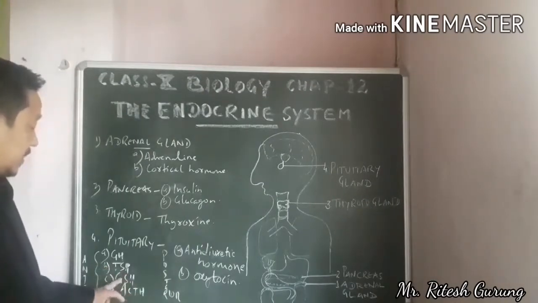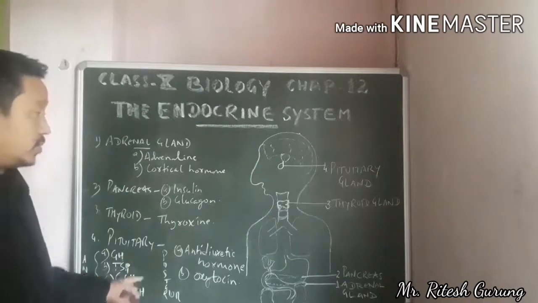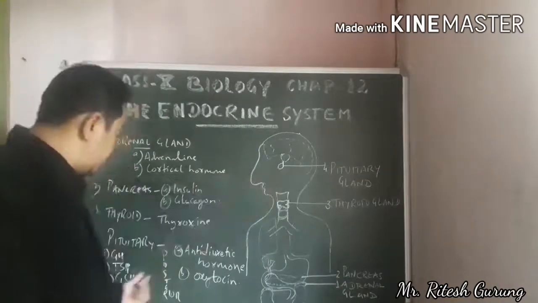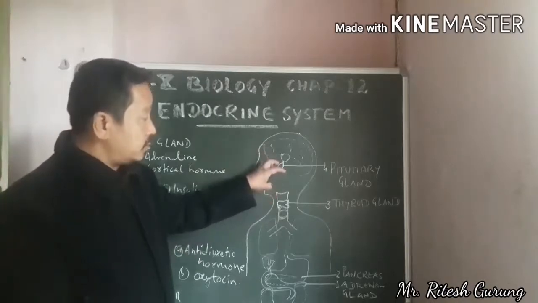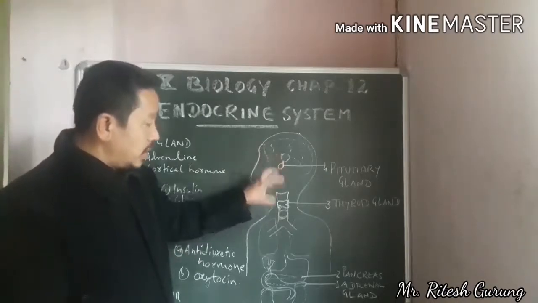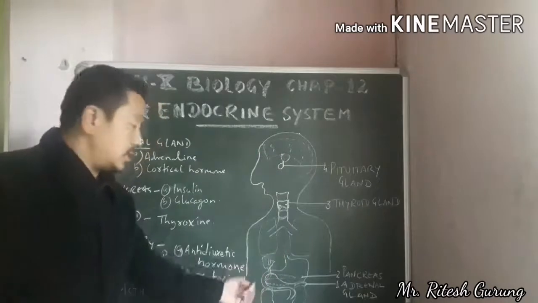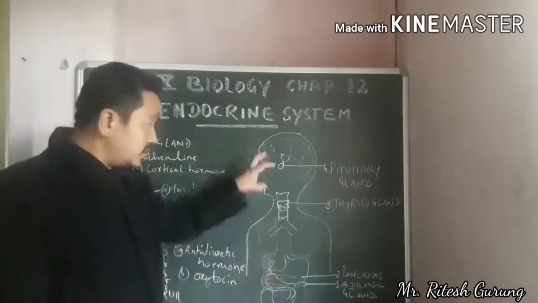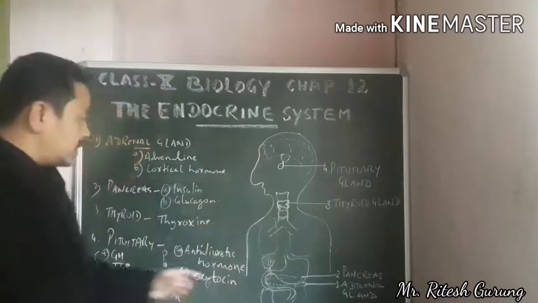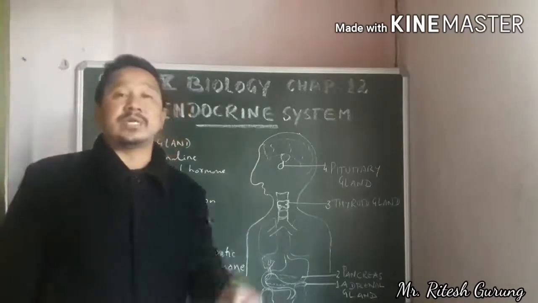The hormone coming from here, this GSH is actually produced here, and this hormone going down to the gonads stimulates the gonads, and under the influence of this GSH only the gonads produce their respective hormones.